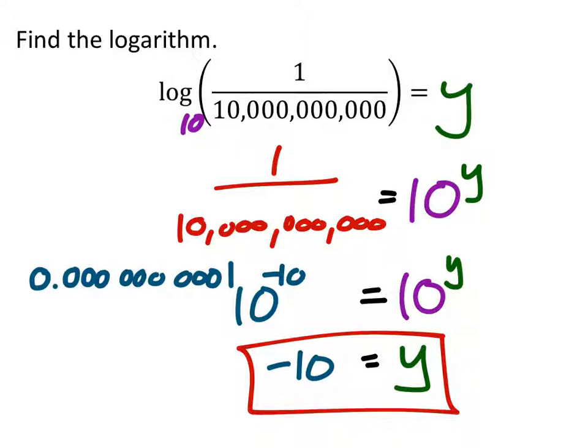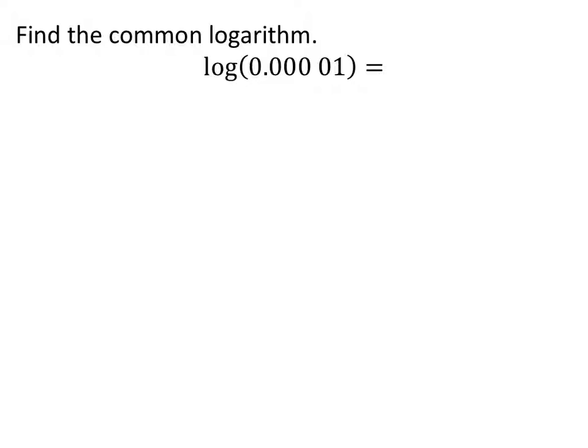There is an easier way. Here is the easier way. This method is roughly what we would call the calculator method, where I'm going to find the log button, which for me is the second button down from the top left. It's right under my second button.